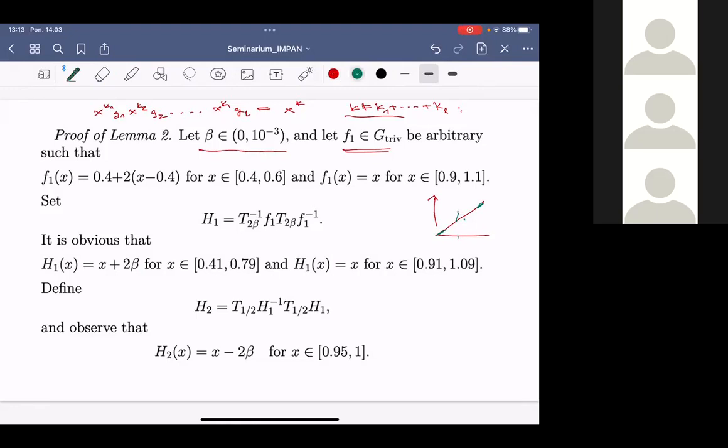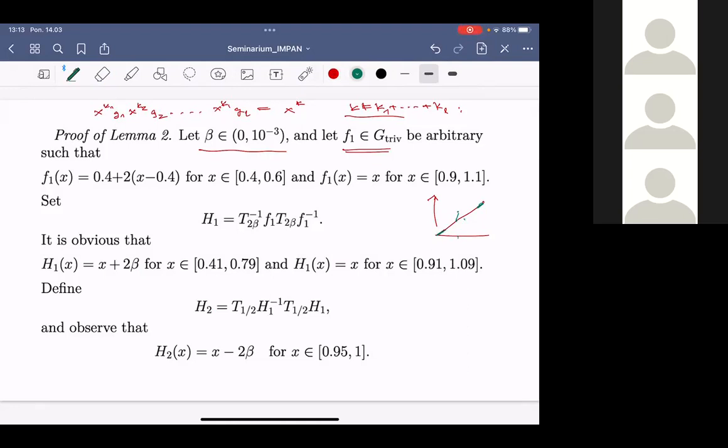We have this function. We can extend this function again to obtain a function from the group G, piecewise-affine if we want, or a smooth diffeomorphism. It is up to us what we want to obtain.